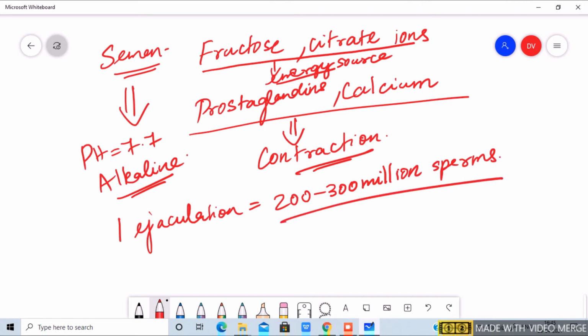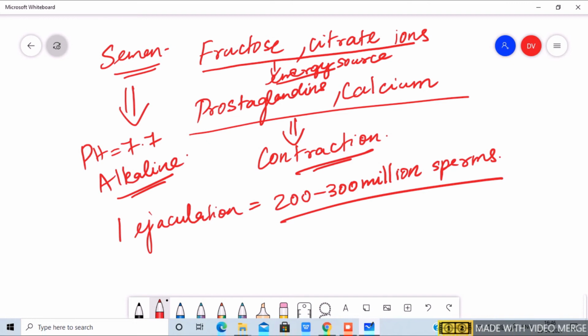Alright guys, so know this, right? The purpose of the sexual fluid mixing with the sperm is to nourish the sperm, as well as increase its motility by contracting. The contraction is done by the prostaglandins and calcium ions, and the fructose and the citrate ions help in providing the energy source. Alright guys.